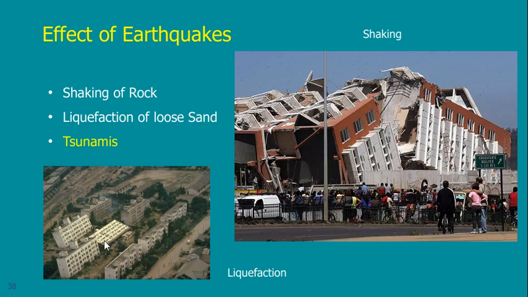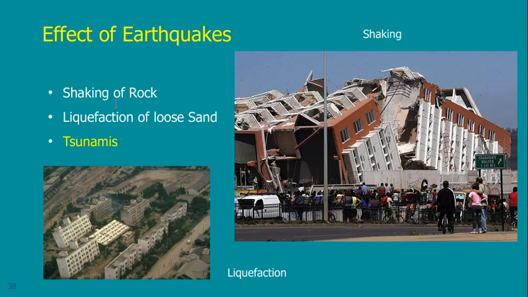Liquefaction of loose sand. Loose sand has a special criterion: when it is loose sand below the water table and is affected by this kind of motion, the shear strength of the loose sand disappears.